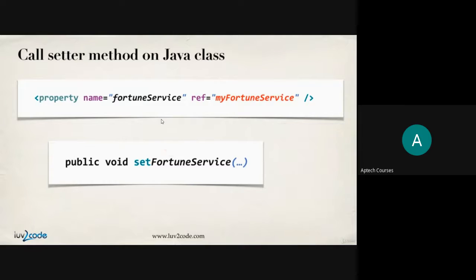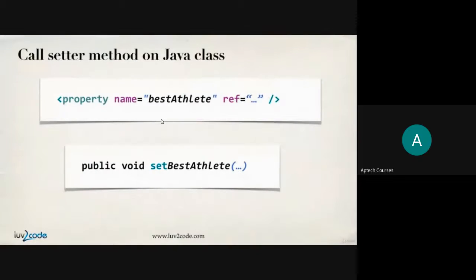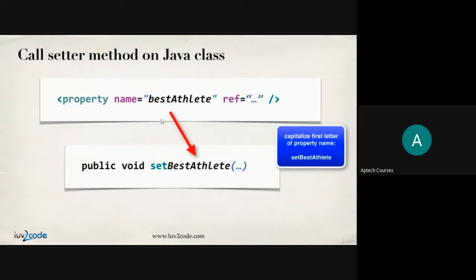In general, for any property name you have, Spring will attempt to call the setter method for that property. So if I had a property named Best Athlete, Spring will look for a method called public void set Best Athlete. It takes that property name, makes the first letter a capital, and builds a method call on the fly.